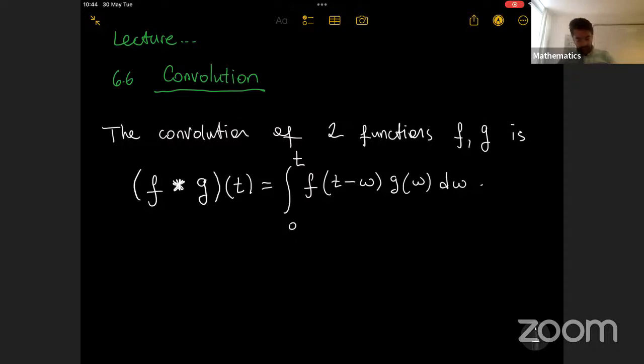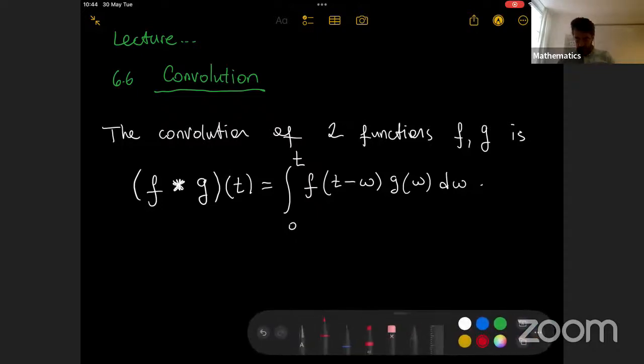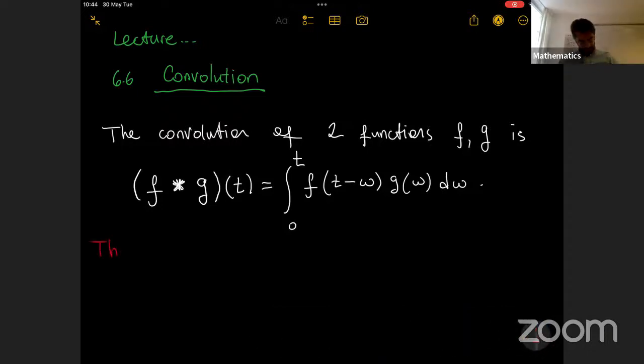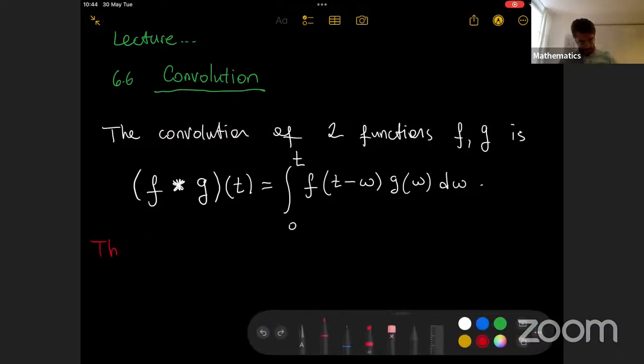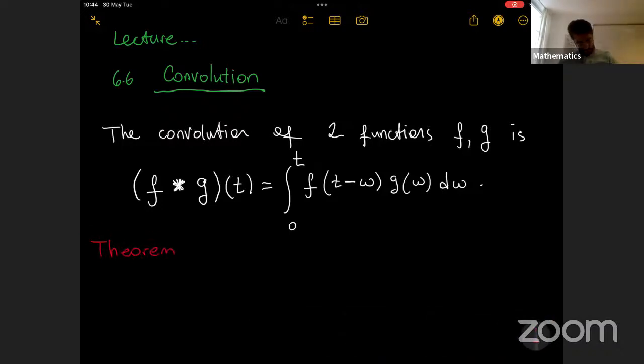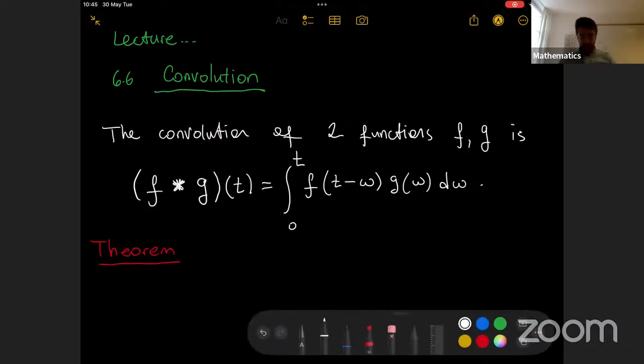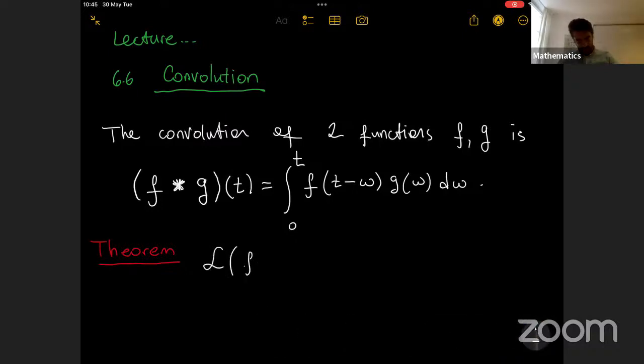Well, we have some results here. The important one is the theorem here. This is why we're interested in convolution in this course. The Laplace transform of f convolution g is basically the Laplace transform of f times the Laplace transform of g, okay?